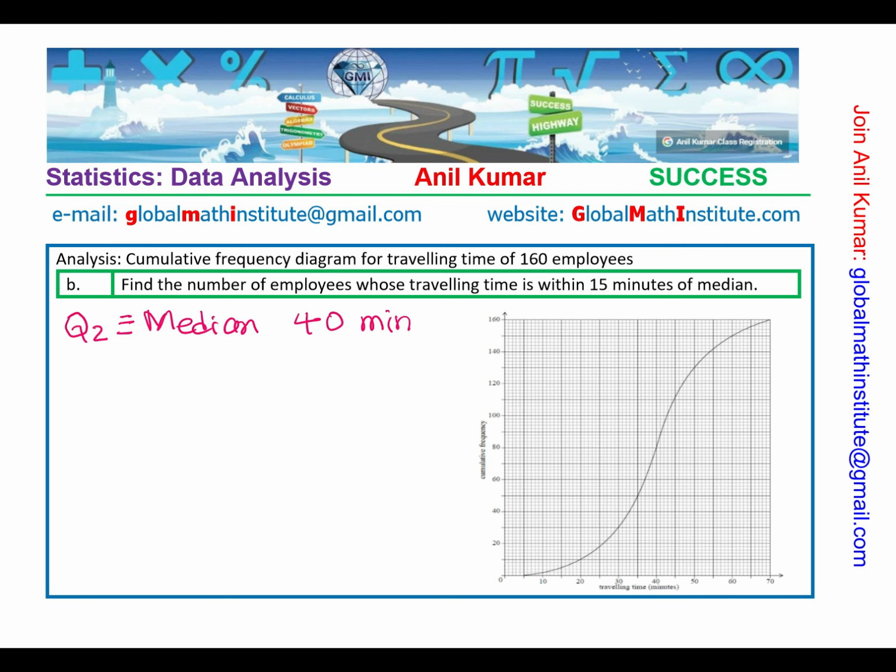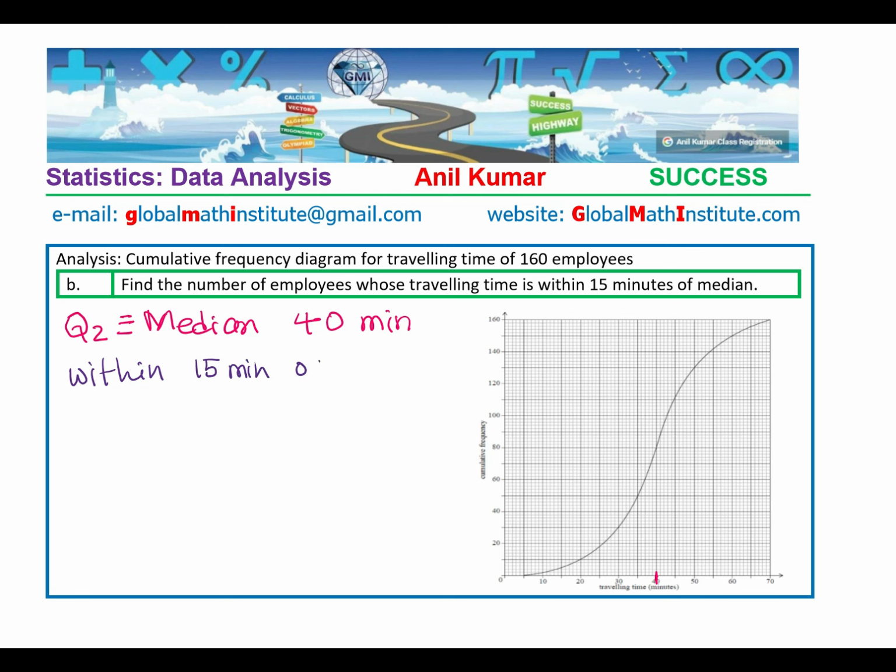Correct. Part B is find the number of employees whose traveling time is within 15 minutes of median. So traveling time is within 15 minutes of median. So median we figured out is 40. So we have to now come up with within 15 minutes of median, means of Q2.